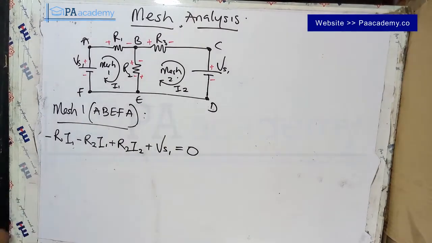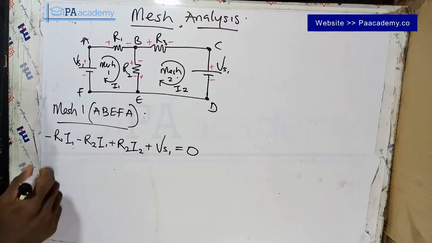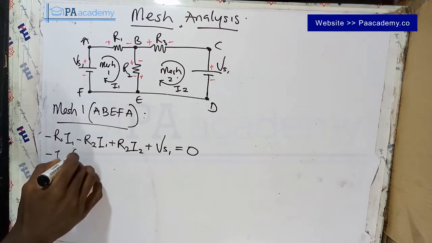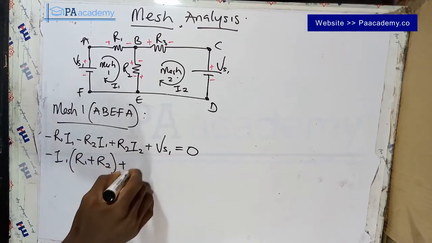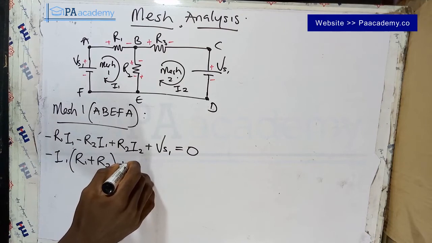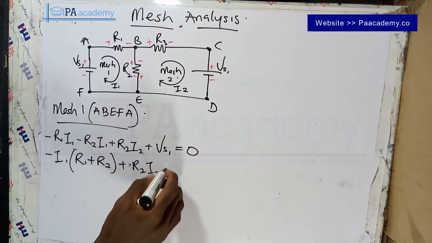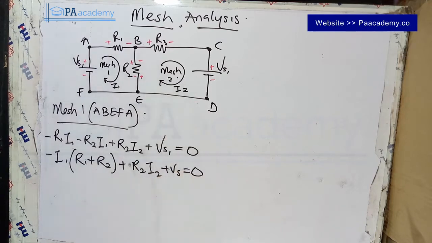Alright, so if you simplify this further, since we have I1 and I1 is common here, we can bring it out and have minus I1 into brackets R1 plus R2 plus R2 I2 plus Vs equals to 0.